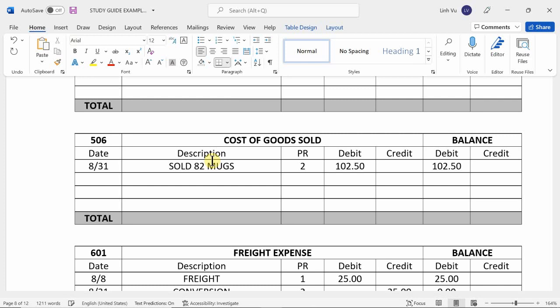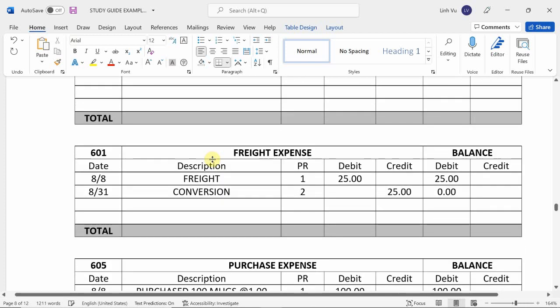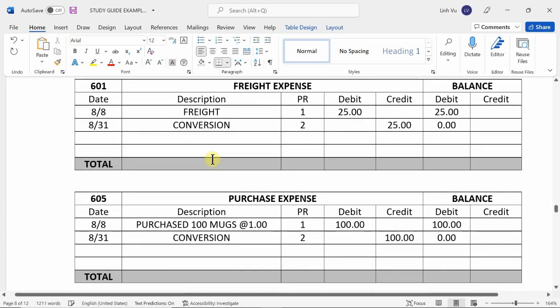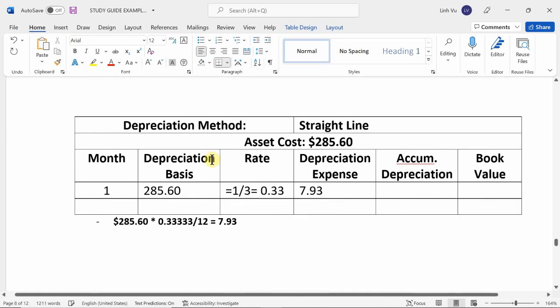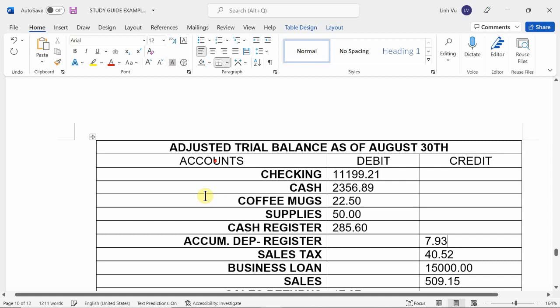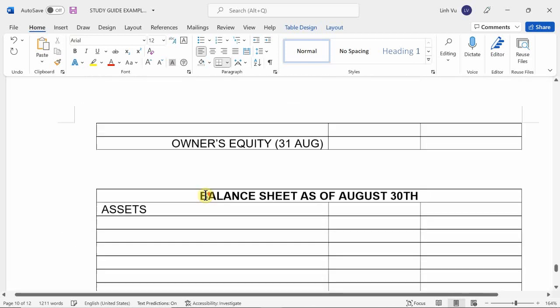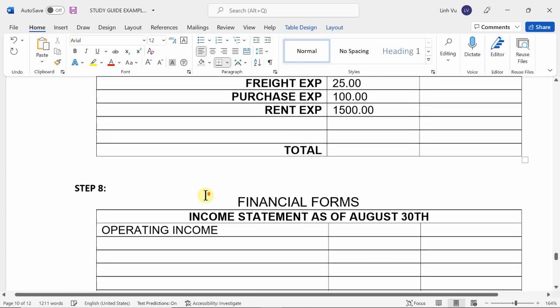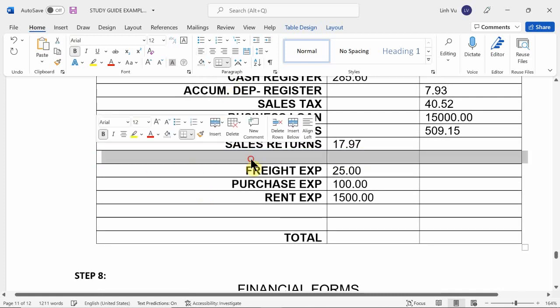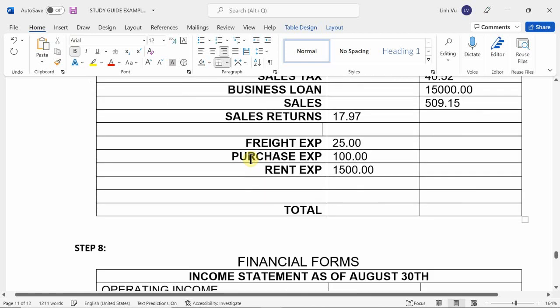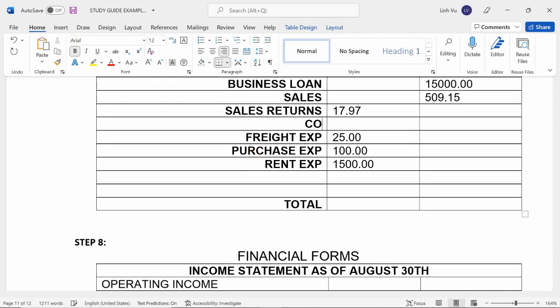So after the sales is the $102.50 for the cost of goods sold. Okay, and then freight expense is 0 and purchase expense is 0. So let's see. Here we go. In the case after sales, we have cost of goods sold for 102.50.